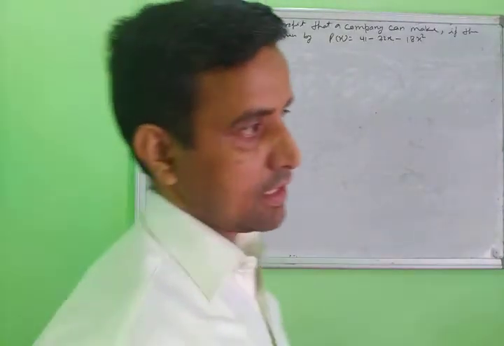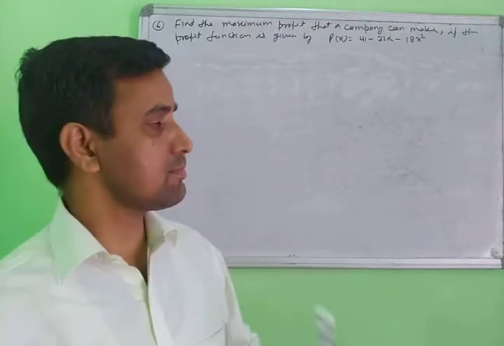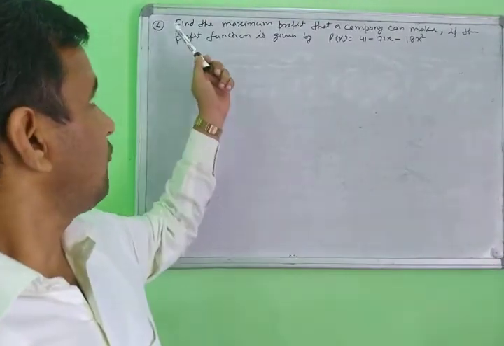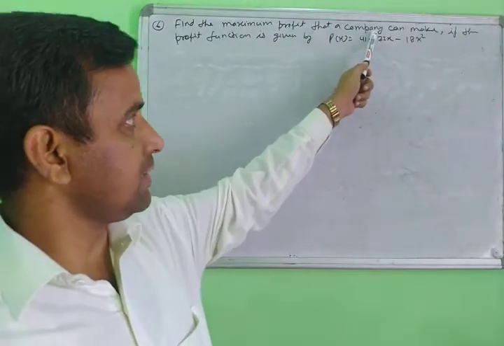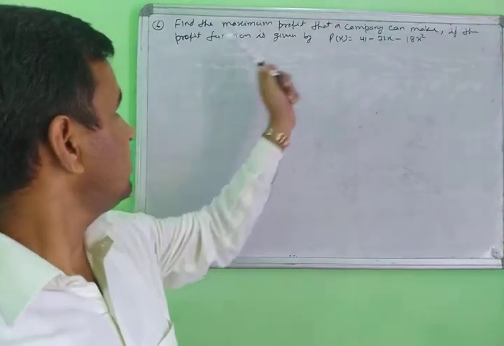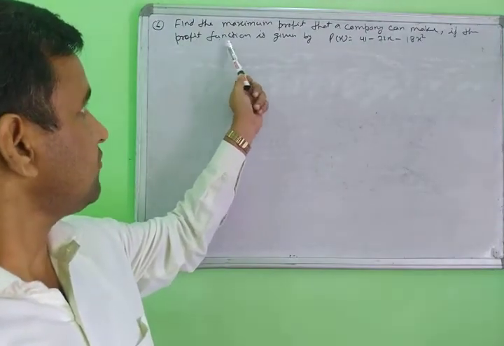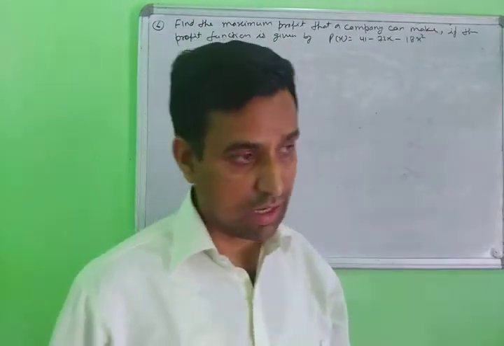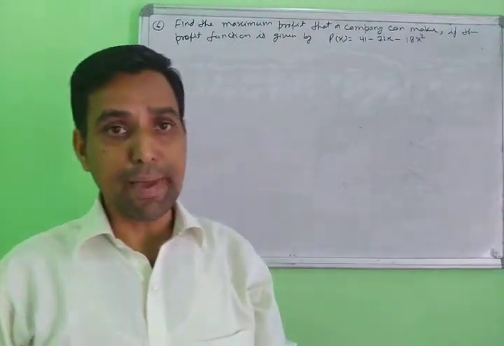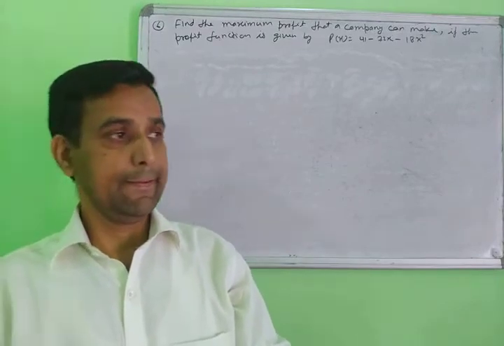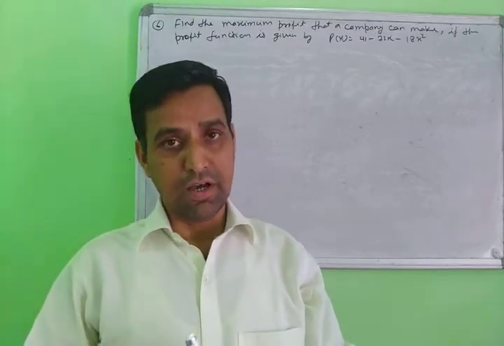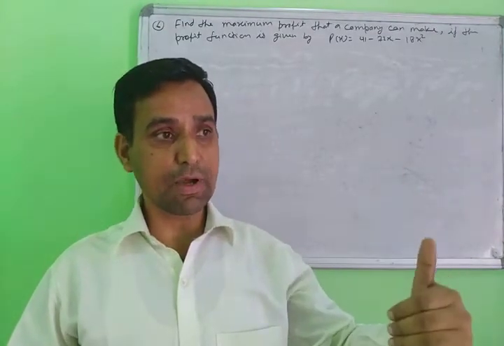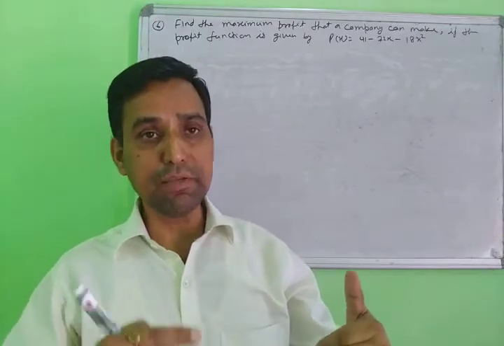Yes students, next question, I am taking question number 6, same exercise. Find the maximum profit the company can make if the profit function is given by this. Now how do we check whether the company is getting the maximum profit or minimum profit?